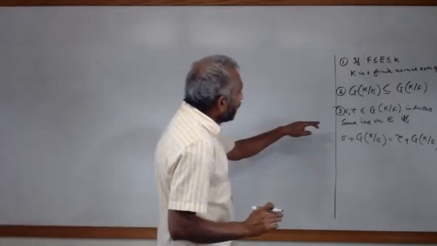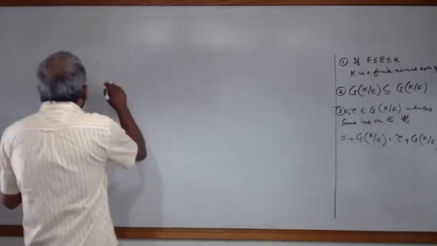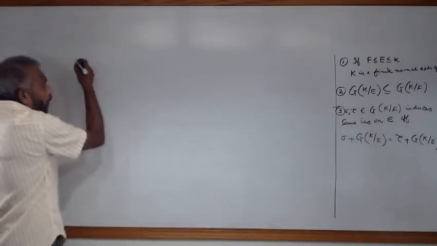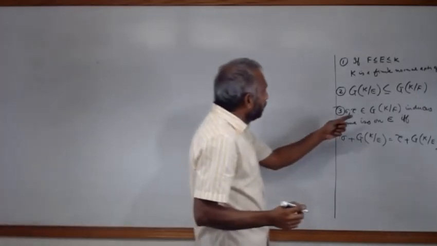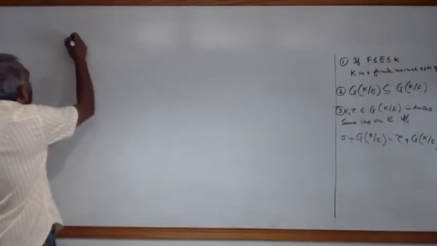In the third part, we have another two subsections. So let us start with two elements from G(K/F).